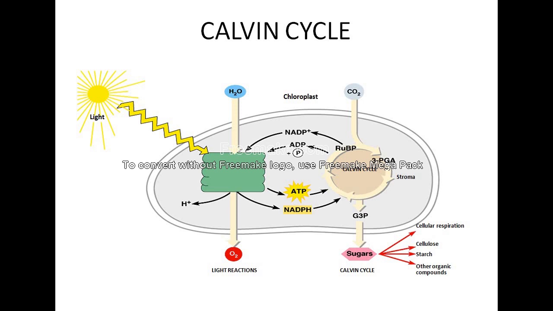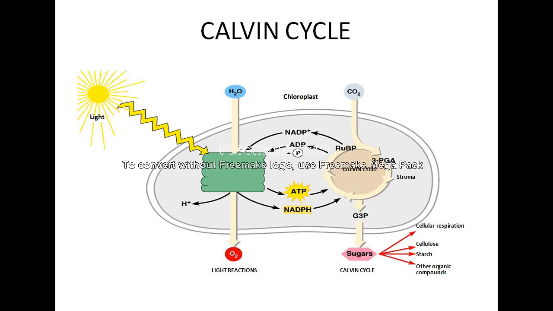So carbon dioxide fixation is one process that is going to take place here, and this carbon dioxide fixation with the utilization of NADPH and ATP is going to take place in the stroma of the chloroplast, and eventually the end products will be sugars like starch, sucrose, etc.